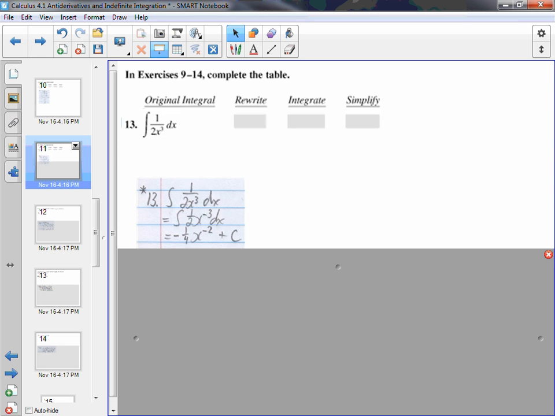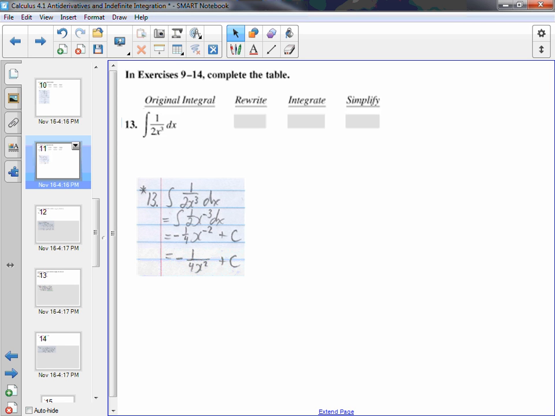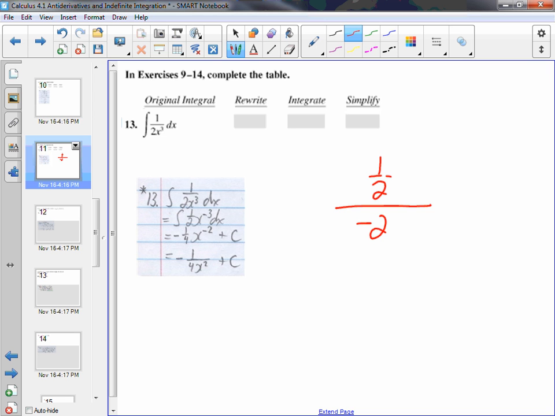Do we like the negative exponent in our answer? I took 1 and divided by 2. It's easier to think of that as 1/2 times negative 1/2.